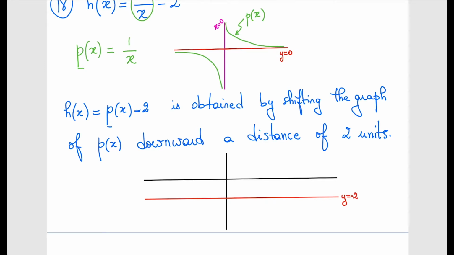And the blue graph is gonna now look like this, right? So that's the function h, and that tail is gonna also look like this. So this part is shifted down by 2 units, so now it's this guy, and this portion shifted down by 2 units is gonna also go down like this. Correct?